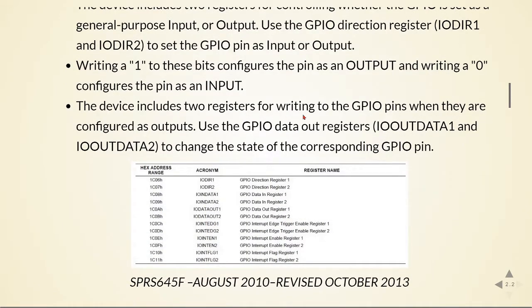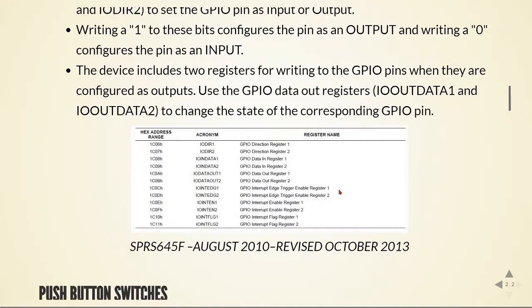This device also includes 2 registers for writing the GPIO pins when they are configured as outputs. So the data out registers, IO out data 1 and IO out data 2, are used to change the state of the corresponding GPIO pin. So we have here all the registers that are related to the GPIO. They have their hexadecimal address range, and here we have the acronym for these registers.